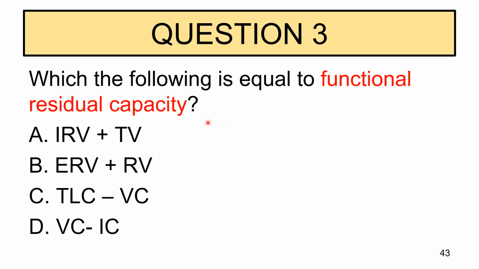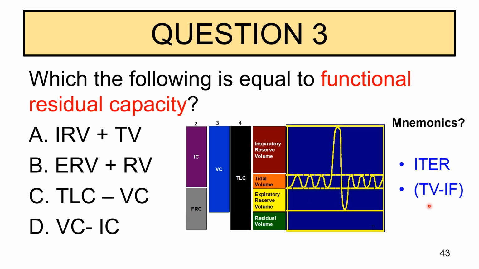So we go back to this third interactive question. Which of the following is equal to FRC? Okay, what are our mnemonics? ITER and TVIF. And we're supposed to have a mental picture of this one. So if we combine IRV and TV, that is inspiratory capacity, this is false. ERV and RV, that's functional residual capacity, that's right.